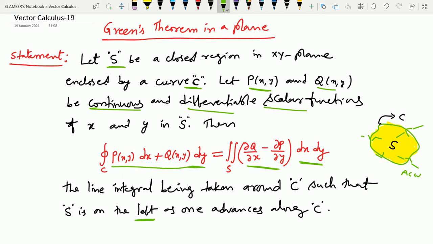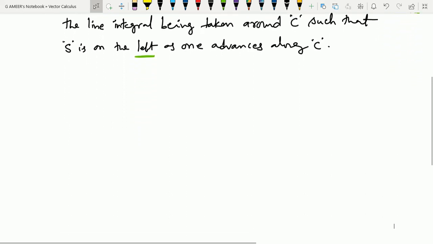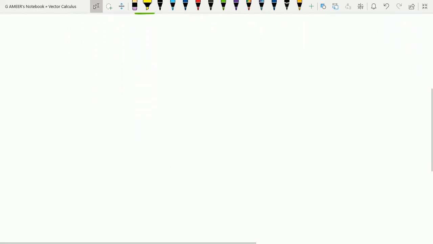Then we will take the proof of it. Okay, so let us go to the proof. For this proof, we need to take some region in the XY plane.